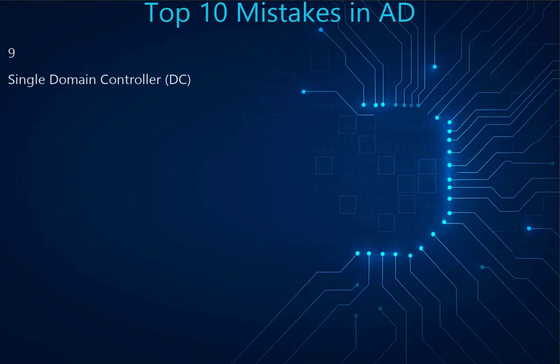And the biggest risk is there is no replication or high availability. If that single domain controller DC goes down, you have a complete production downtime during disaster recovery. Workstations can't communicate, you can't get to the services, you can't authenticate, all those kind of things.